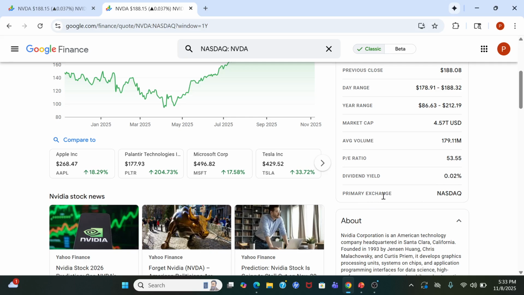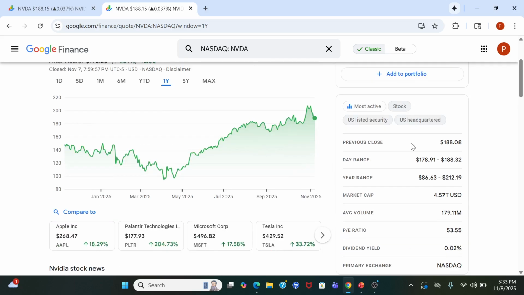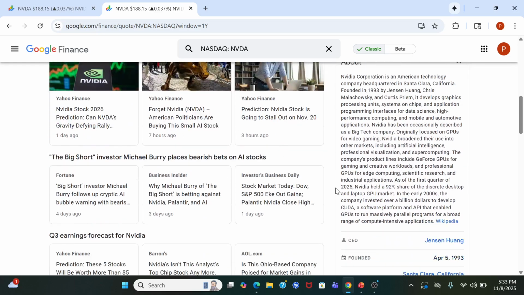And it tells you which exchange it is on. This is a Nasdaq stock.